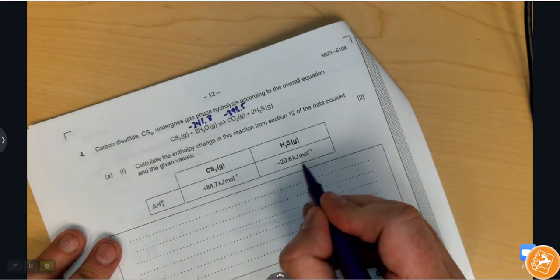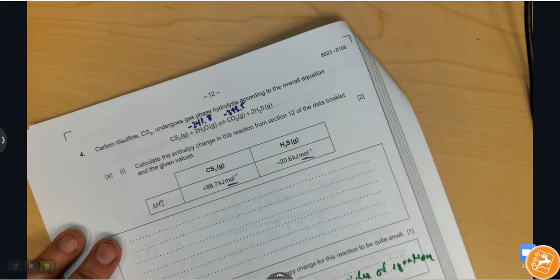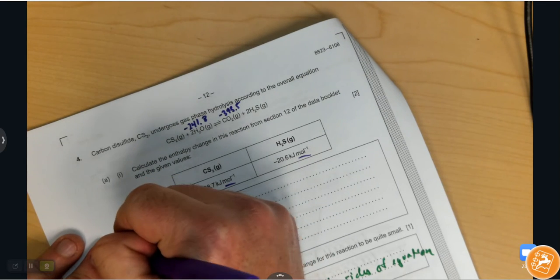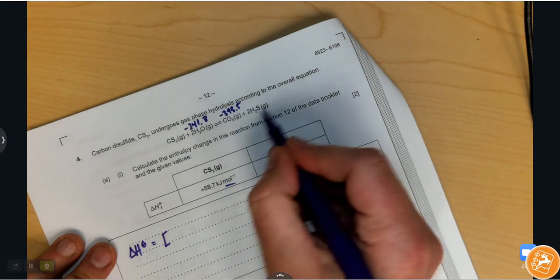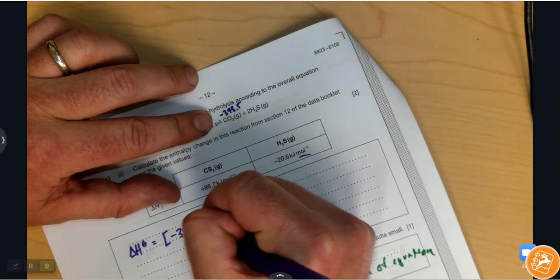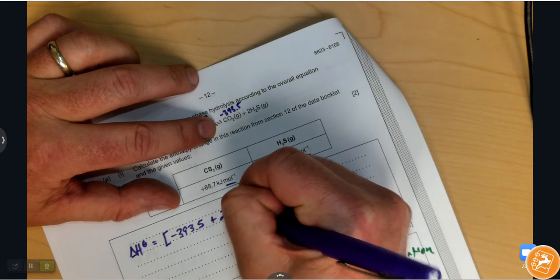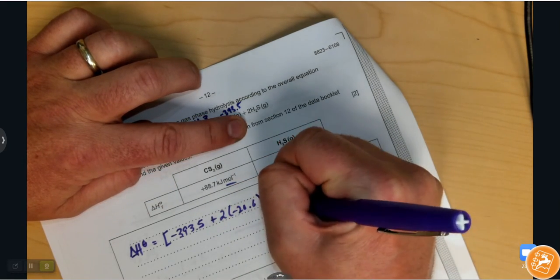Don't forget, though, these values are per mole, and the coefficients tell us the ratio of moles. So when I'm calculating delta H, I've got to get the sum of the enthalpy of formations of my products. So it's going to be negative 393.5 plus 2 times that for hydrogen sulfide, which is negative 20.6.